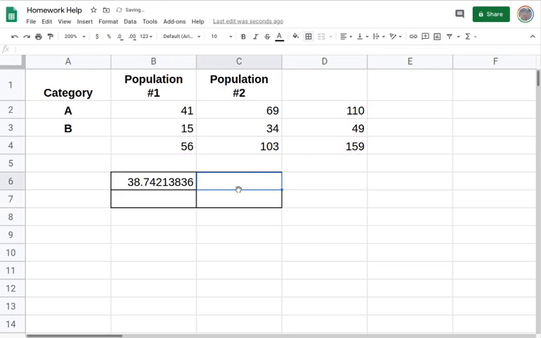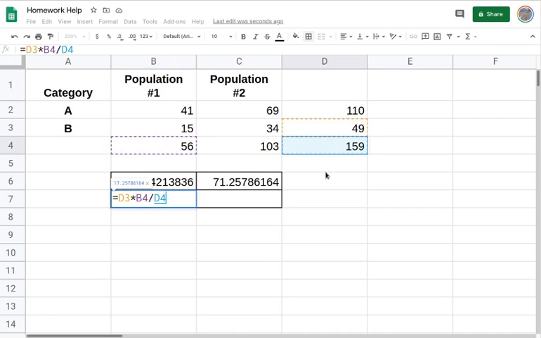All right, now for the top right value, I'm going to take the top row sum multiplied by the right column sum divided by the total. And the bottom left will come from the bottom row sum times the left column sum divided by the total.